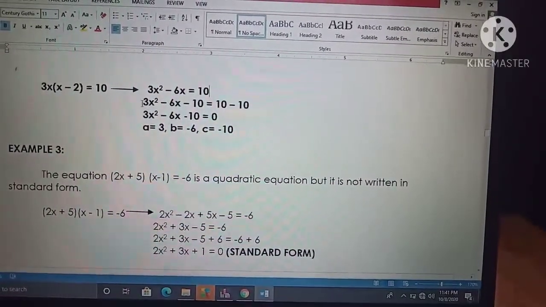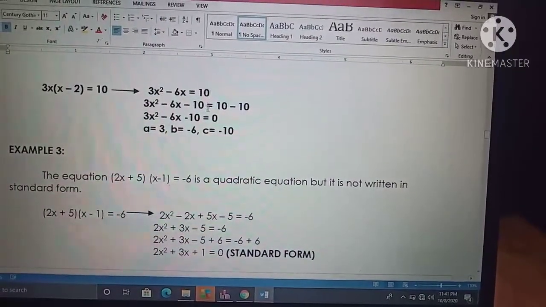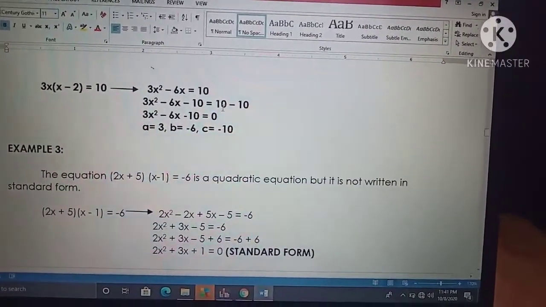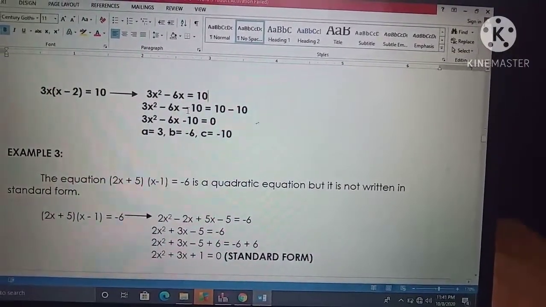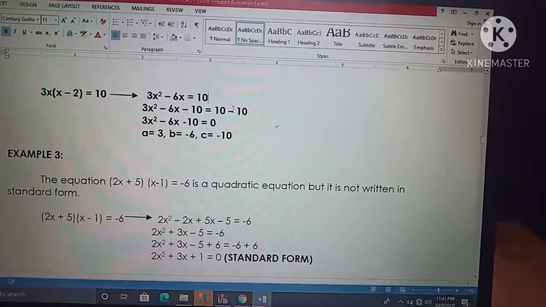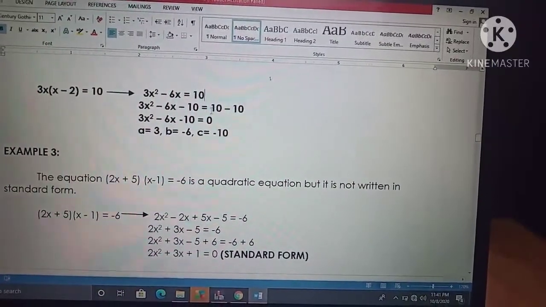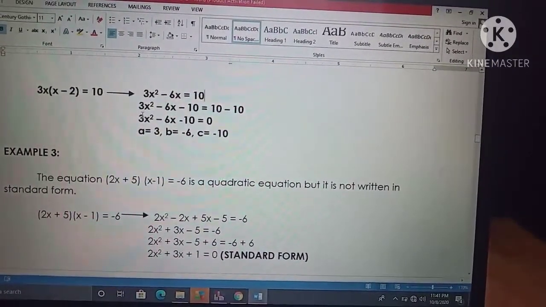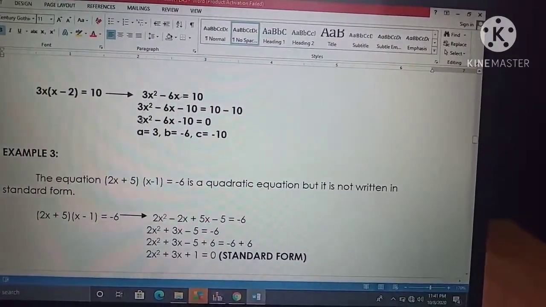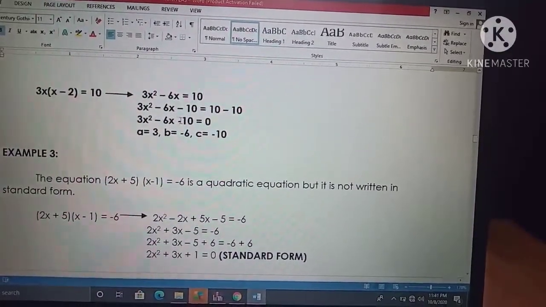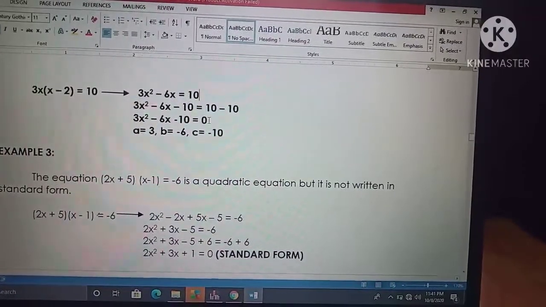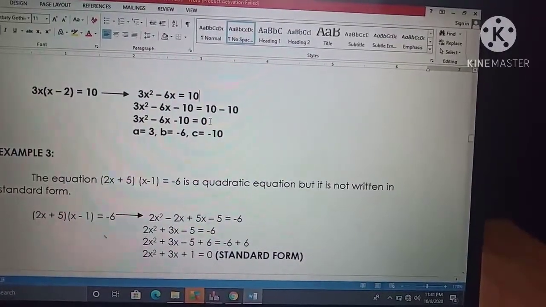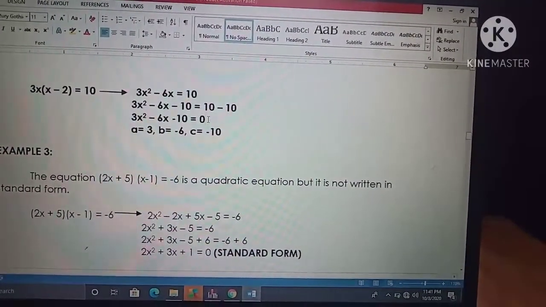So, magiging 3x squared minus 6x minus 10 equals, copy natin si 10, since naglagay tayo dito ng negative 10 sa left side, so maglalagay din tayo sa right side ng negative 10. So, magiging 3x squared minus 6x minus 10 equals 10 minus 10 is 0, diba? Yung quadratic equation natin is naging equals na siya sa 0.